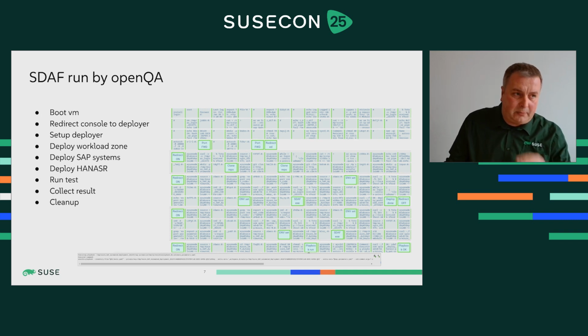The deployer is set up, and from the deployer, all the tasks which are known to you in SDAF are executed: deploying the workload zone, deploying the SAP systems and environments, and also in this case, deploying the HANA SR. Then the tests are executed, we collect the results and do the so-called cleanup. During the cleanup, we make sure that all the artifacts are gathered and archived. And by that, I'm handing over to Kimmo.